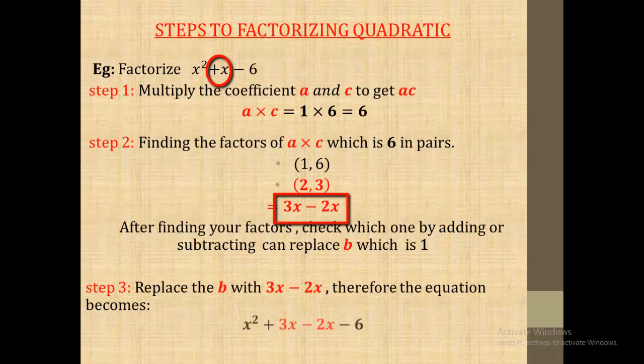Therefore, the equation becomes X squared plus 3X minus 2X minus 6. Because with our 3X minus 2X, we are still going to get our plus X. So we didn't do anything here, we just expanded our X.